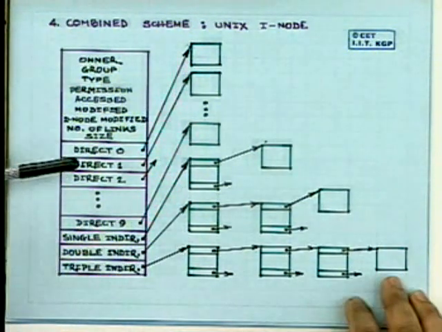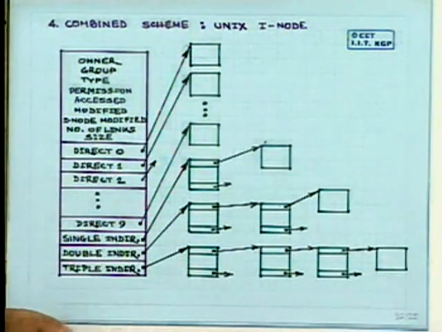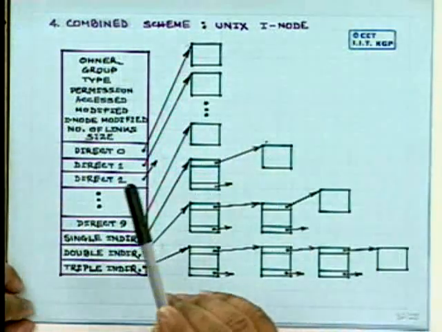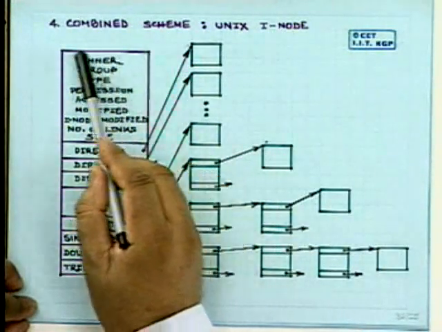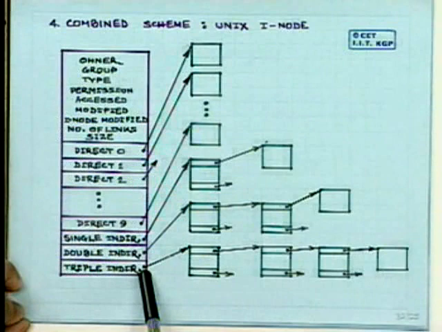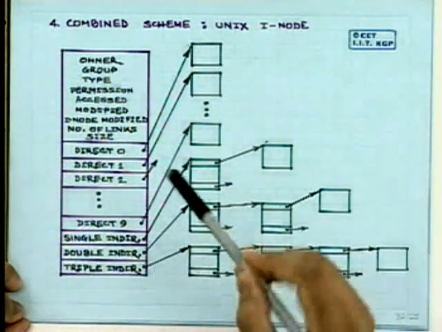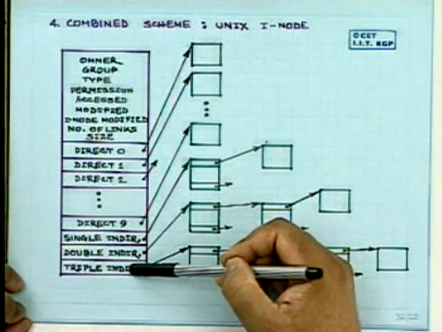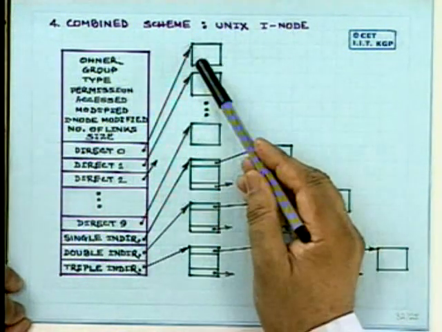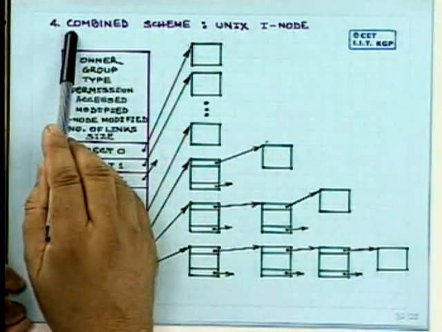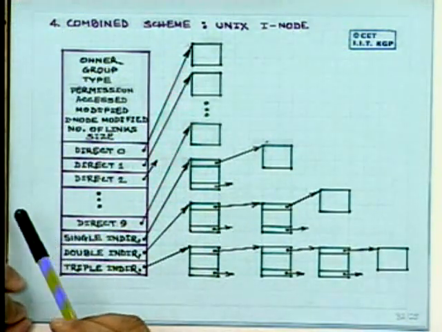Then come the entries, which point to the actual content of the file, right? Remember one thing, that an inode or index node is itself contained in one physical block. This points to the physical blocks where the file or the directory is kept, and this is a combined scheme that has been implemented, right?